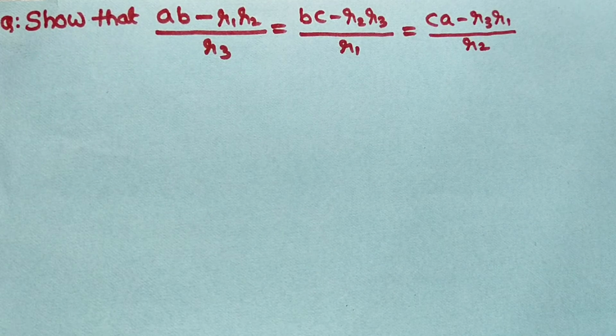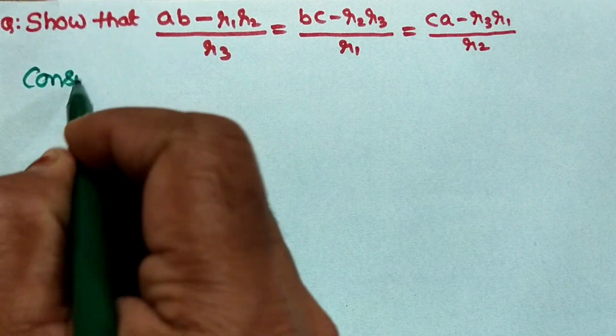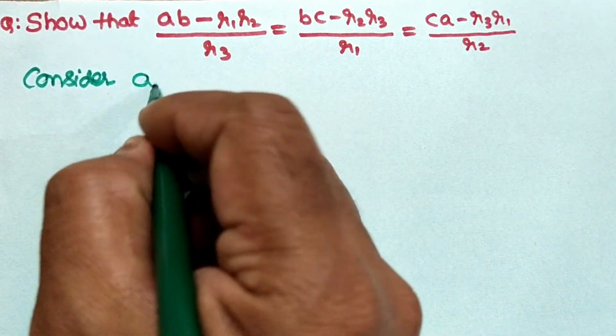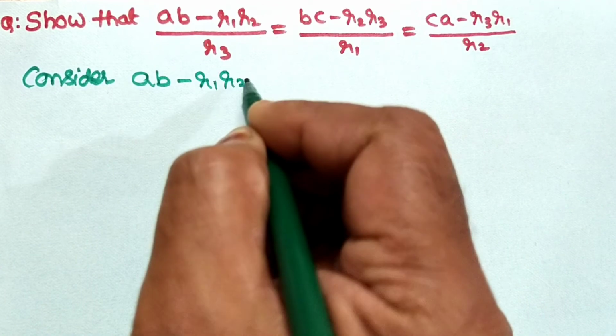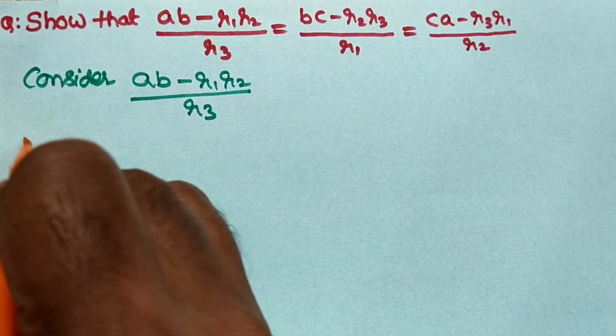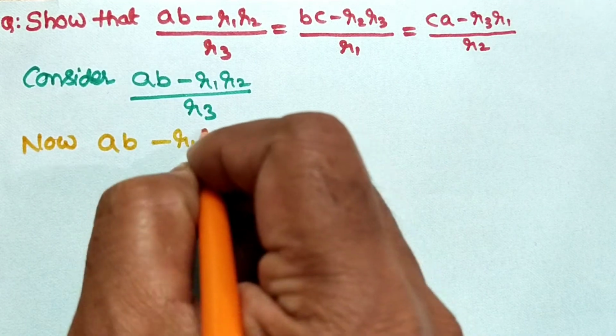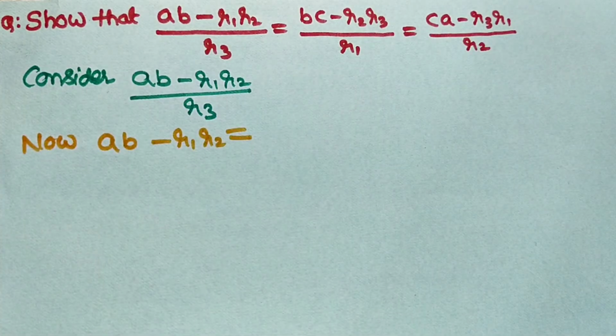So now consider the numerator in the first term: AB minus R1 R2 divided by R3. In this numerator, calculate the numerator value first: AB minus R1 R2. Now, AB minus R1 R2 is equal to, what is the AB value here?